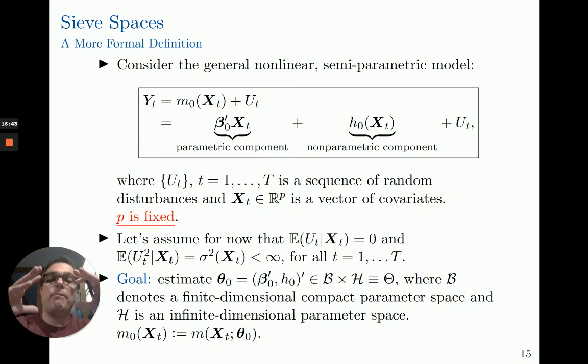Our parameter space is the Cartesian product of a finite dimensional compact parameter space B and the infinite dimensional parameter space H.